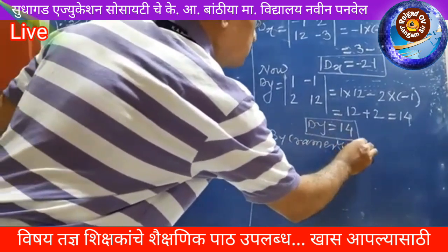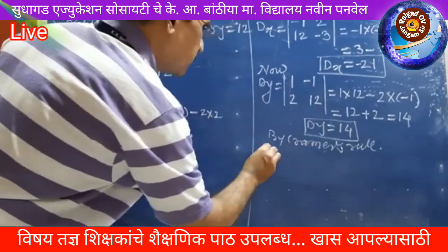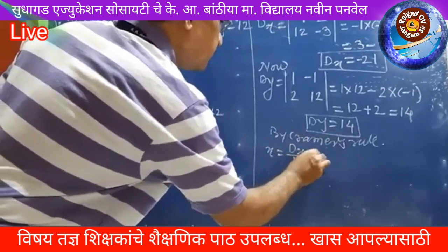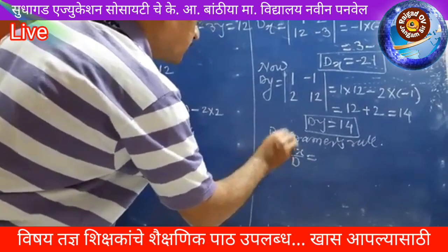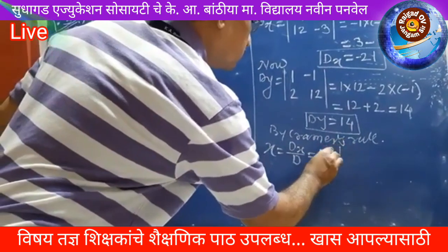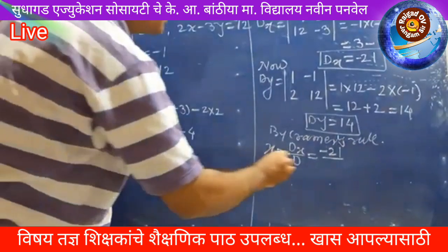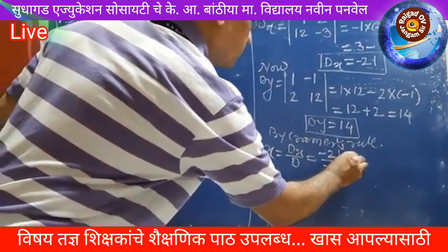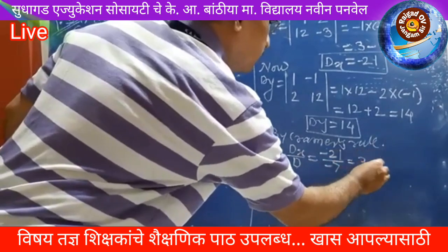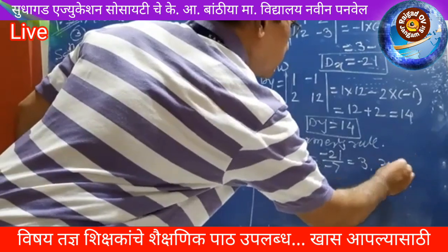By Cramer's rule, x is equal to dx by D. dx is minus 21 divided by minus 7. Minus minus becomes plus. 7 threes are 21. Means x is equal to 3.